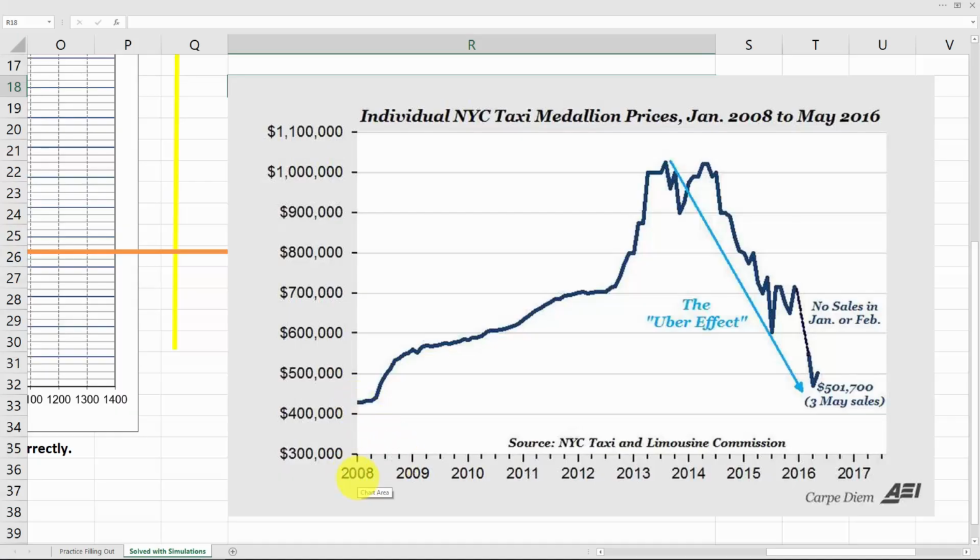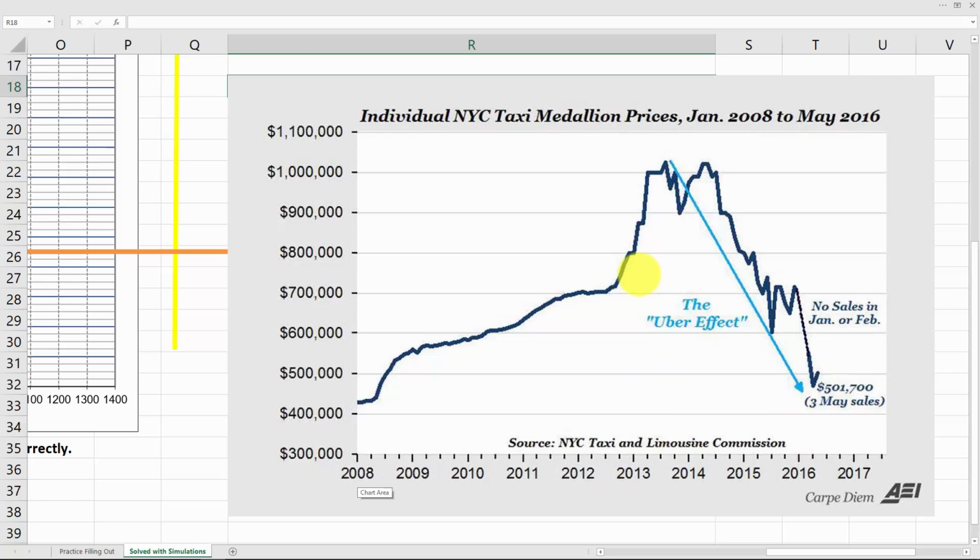As we see here, in 2008, 2009, 2013, these medallions went from being about 400, 600, 700,000 to over $1 million. And then when Uber and Lyft started competing, we see that the value, what people are willing to pay to get one of these medallions to be a taxi cab in New York City, has gone down about in half over the course of just about 3 or so years.